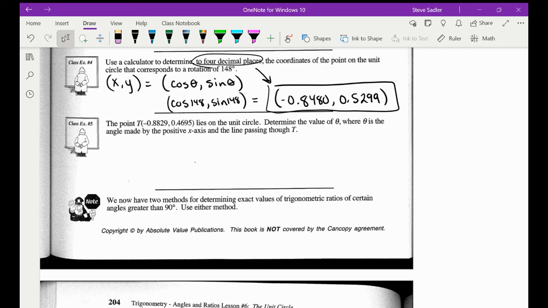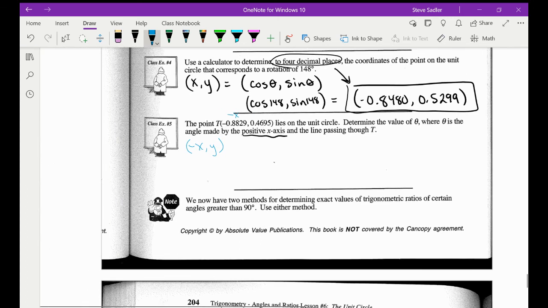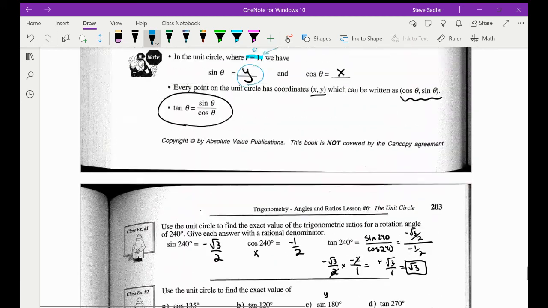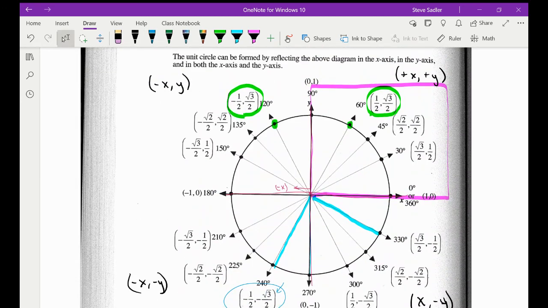So determine the value of theta, where theta is the angle made by the positive x-axis and the line passing through T. So that's the reference angle, right? From the positive x to the line pass. Oh, that's the rotation angle. Sorry, that's the rotation angle. So in this case, we have a negative x, positive y. And if you remember, if we go back to our unit circle, negative x, positive y is quadrant 2.